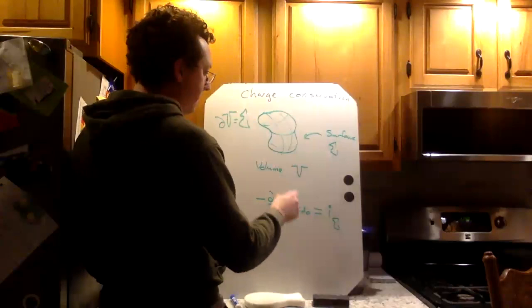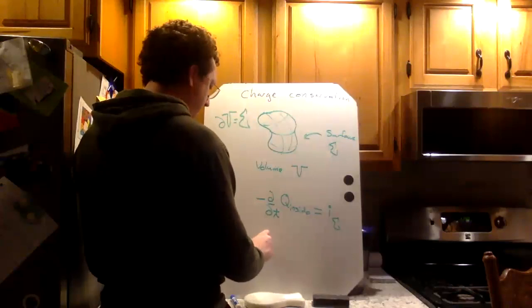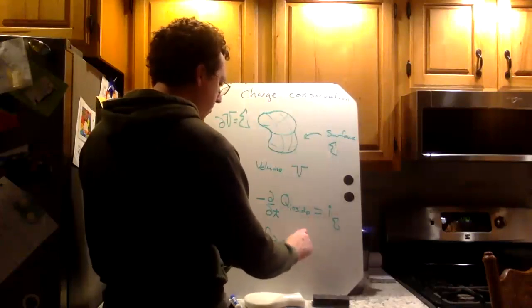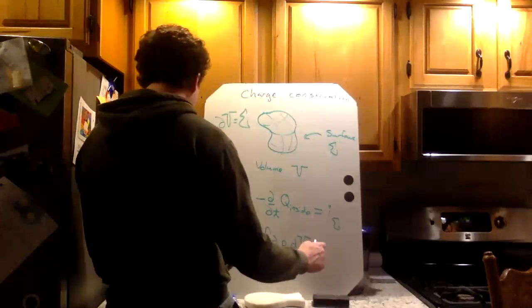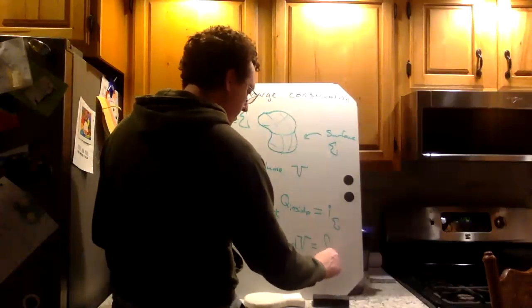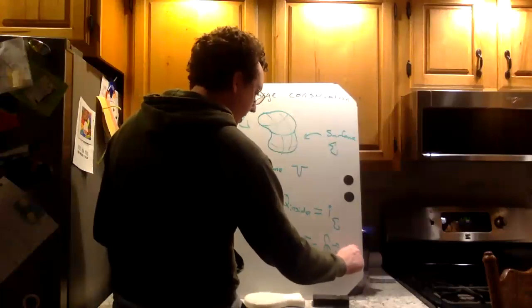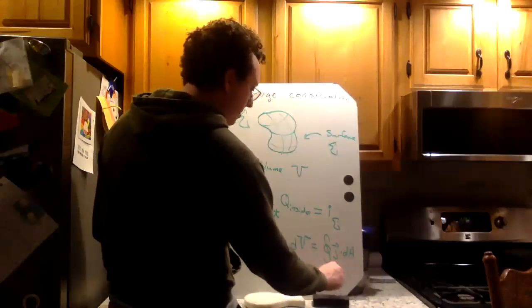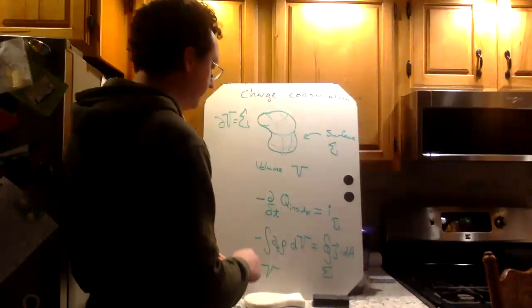Or if I write the charge in terms of a charge density, I would say minus the integral of the partial derivative with respect to time of the density integrated over the volume equals, writing the current in terms of a current density, the integral of J dot dA, where this flux integral is over the boundary surface, and the other integral was over the interior volume.